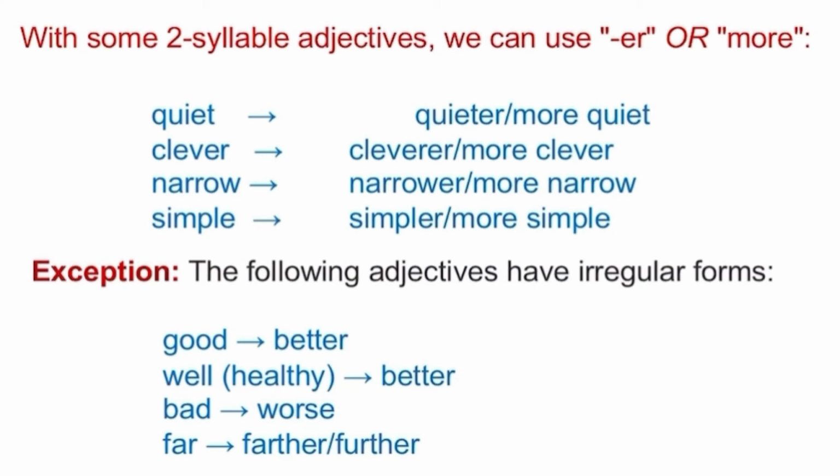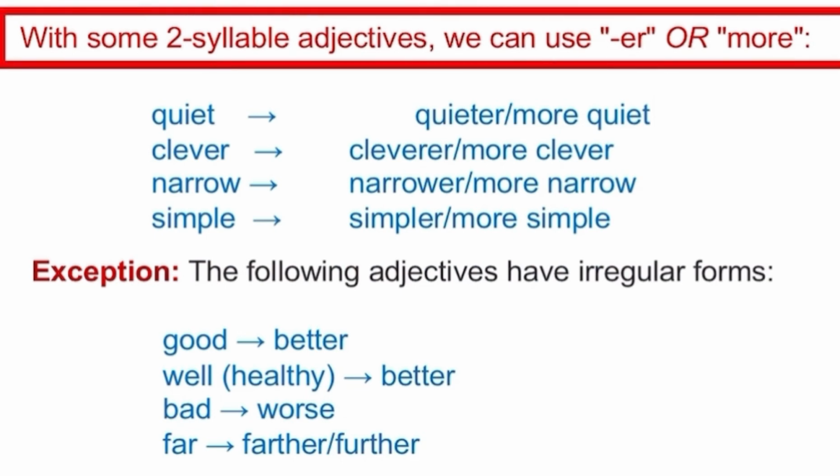Okay, so let's see some exceptions with the 2 syllable adjectives that we can use with both er or more. Like quiet, you can say quieter or more quiet. That's okay.